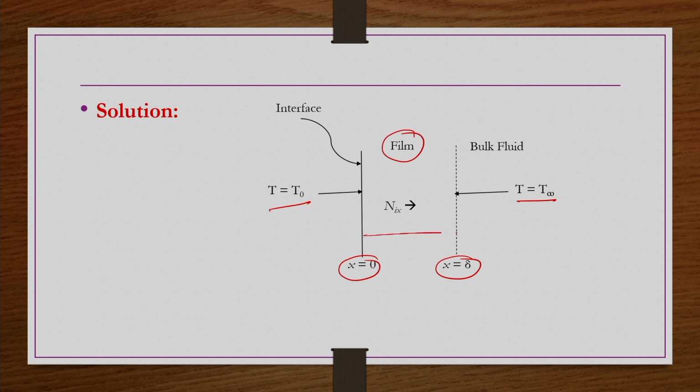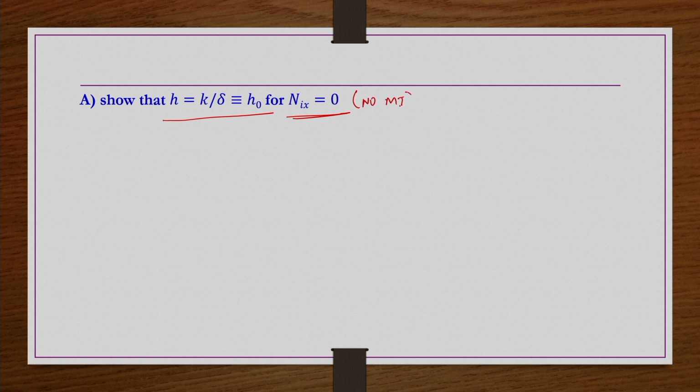So, between these two limits, within the film, the fluxes are constant and known. They are moving from the x equals 0 side to the x equals delta side. Here h is defined like this. For the first case, when there is no mass transfer, we have to show that h is a constant: h equals k by delta equals h naught for Nix equals 0. Nix is 0 means the no mass transfer case, problem 1.